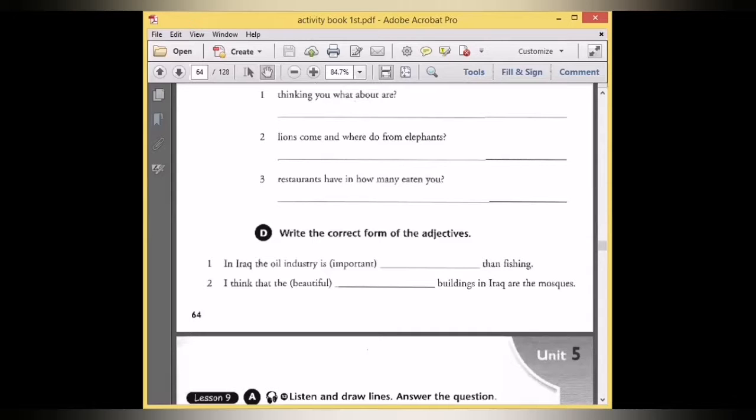We said that comparative adjectives are used to make comparisons between two people or things, while superlative adjectives are used to compare somebody or something with the whole group that they belong to, right?